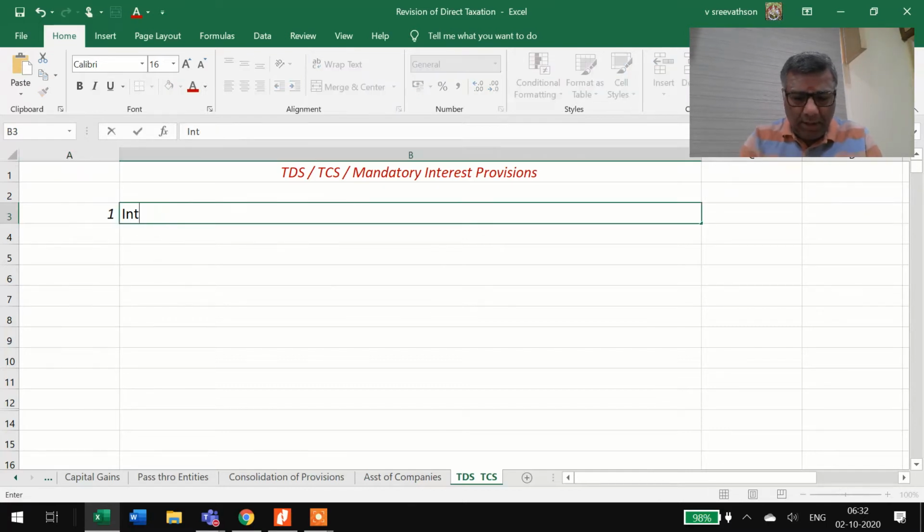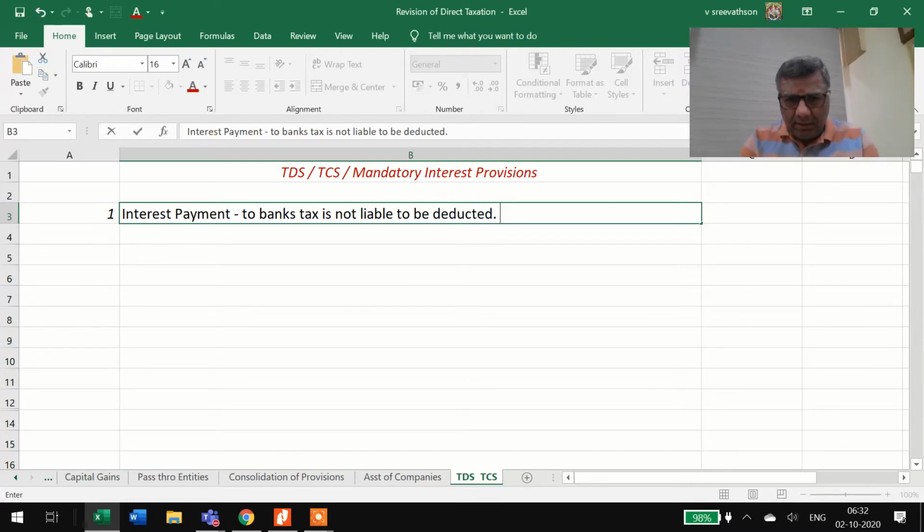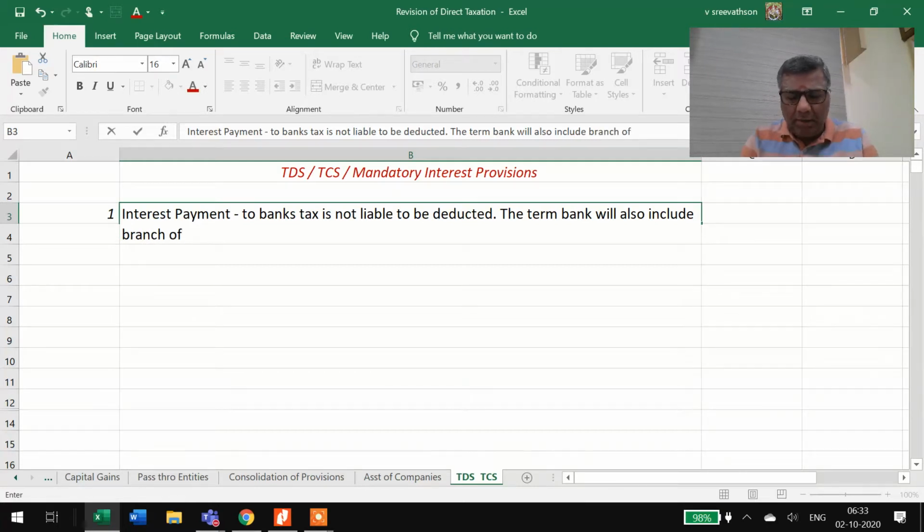Banks, tax is not liable to be deducted. The term bank will also include a branch of a foreign bank located in India.